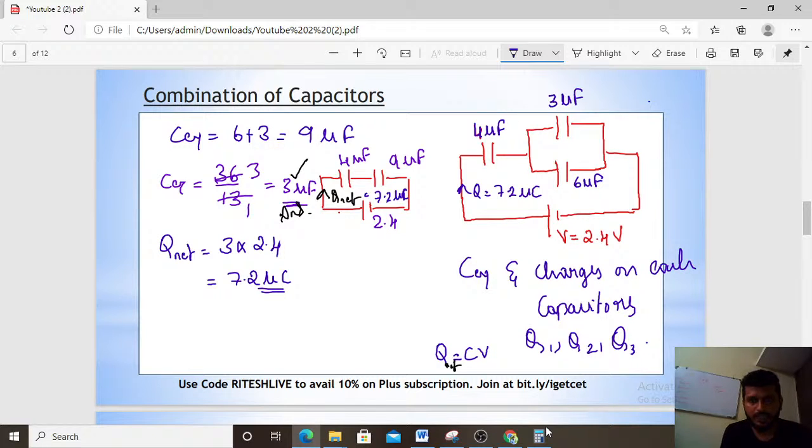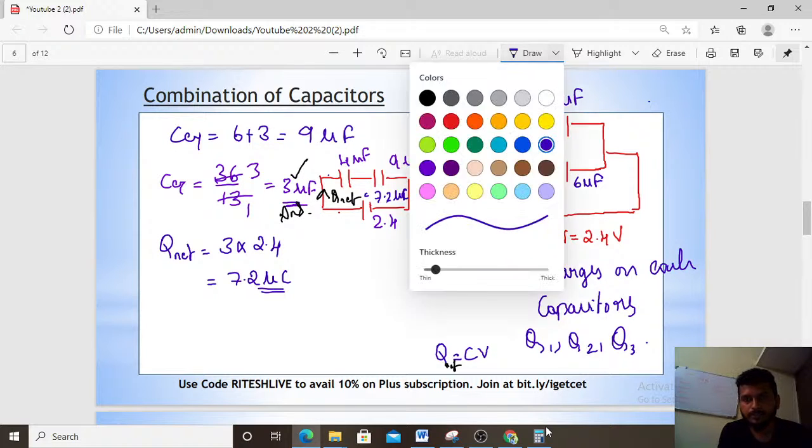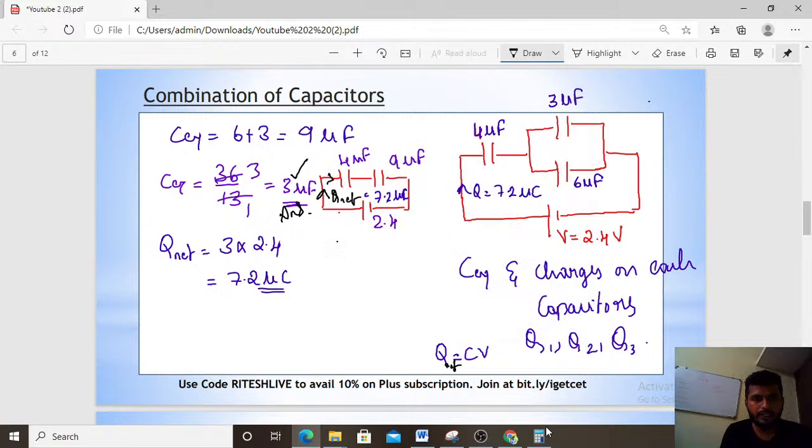Charge Q will be the same all over the capacitors when they are in series. So that is the concept. The charge over here will be the same. This is C1. I need to take C1, C2 and C3, right?